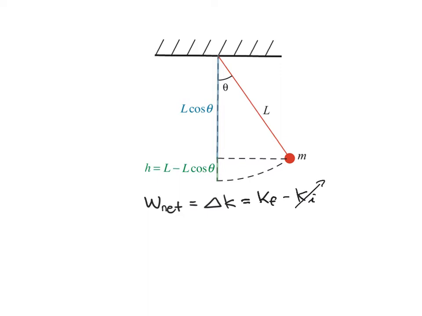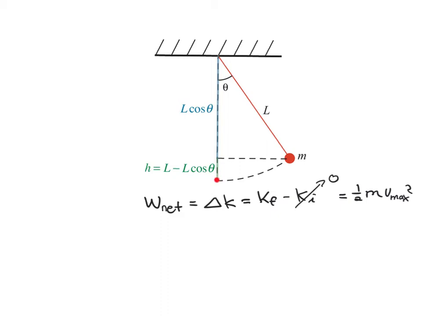The initial kinetic energy in this problem is zero, since we're releasing the pendulum bob from rest. And the final kinetic energy is just equal to 1/2 m v max squared. And by v max, I simply mean the maximum speed that the pendulum bob has when it reaches its final position.